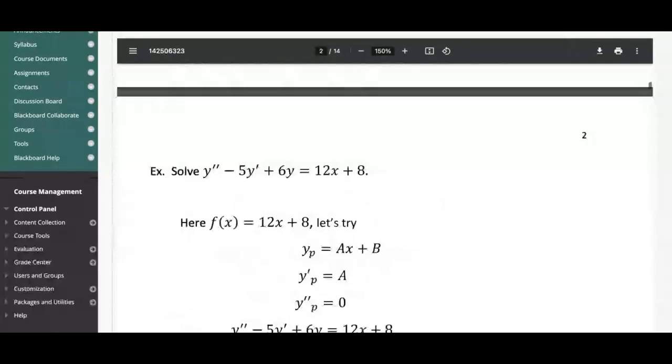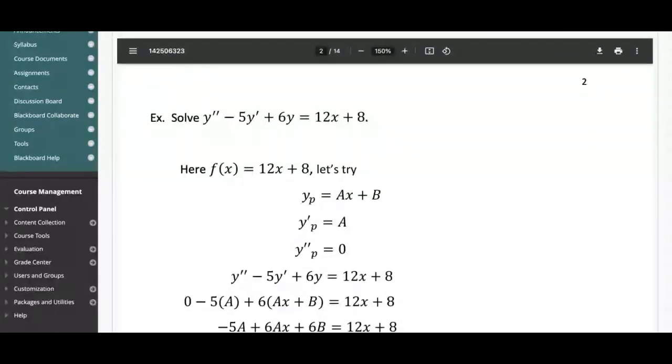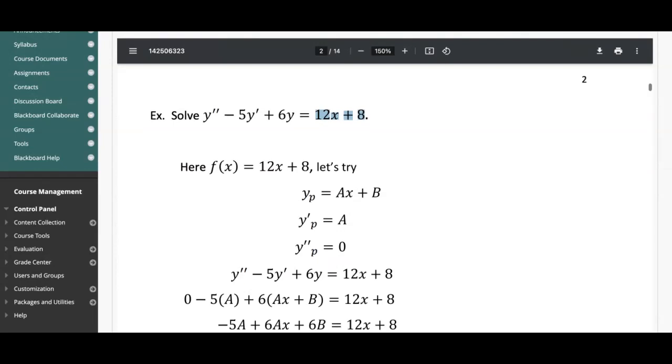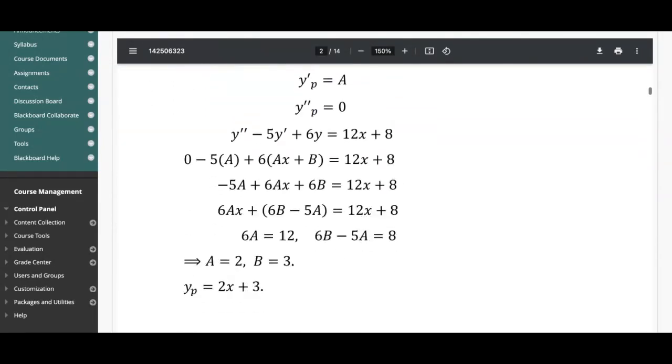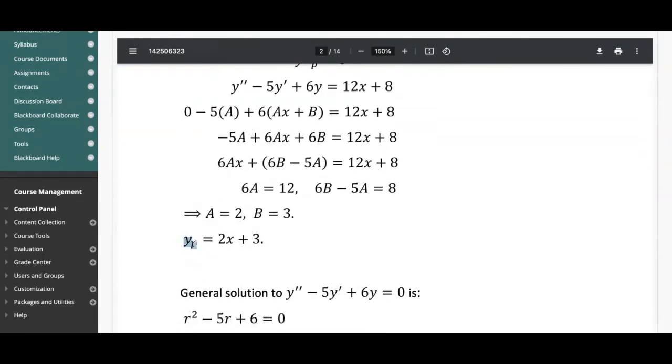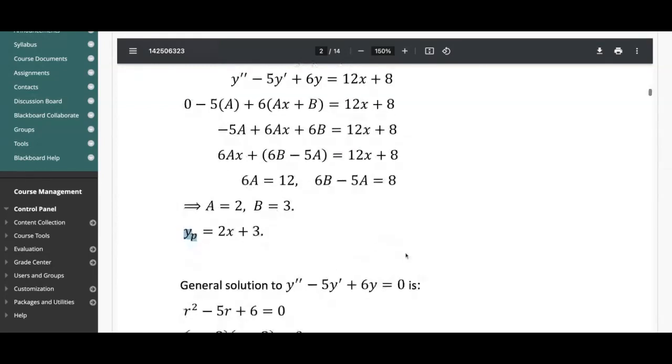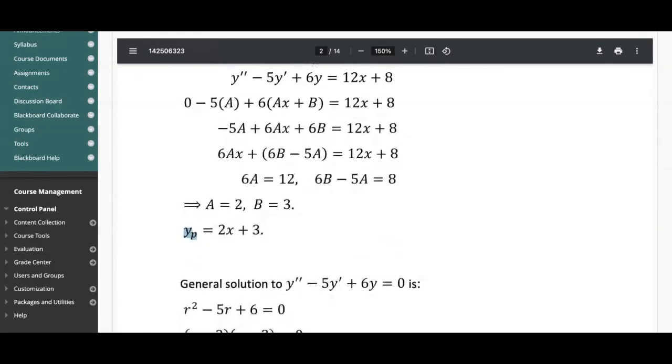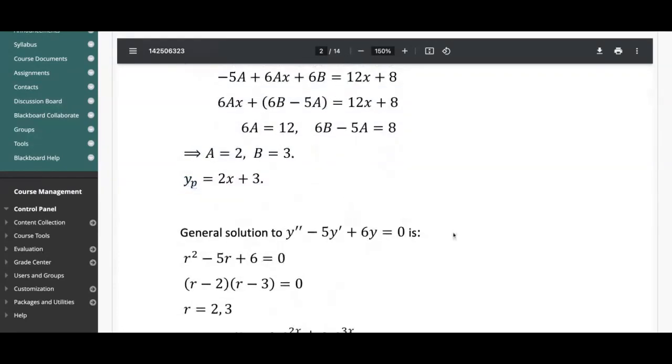Well, why do we want to do that? Just in case we do not get a solution? Yes, you're good thinking. If it's like 12x squared or something like that on the right side, you can try that. If this way doesn't give you a particular solution, you may try going one degree higher. Thank you. Good thinking.